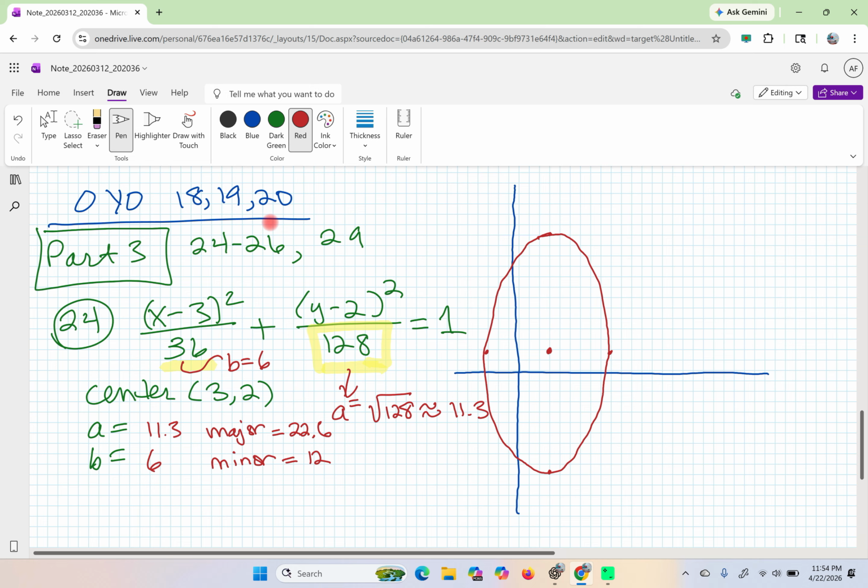Actually better than my ellipses had been. All right, that is the graph for number 24.